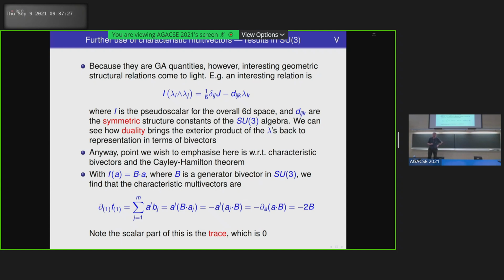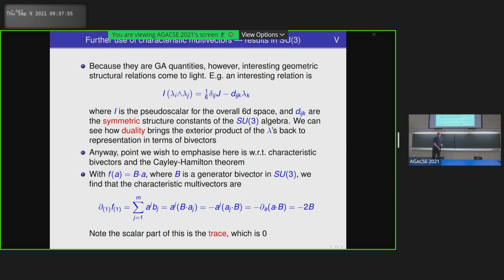And you can see how duality works here to bring the exterior product of the lambdas back to a representation in terms of bivectors. Okay, so what I want to talk about now is the characteristic multivectors and the Cayley-Hamilton theorem for this case. With f of a equals b dot a, where b is a generator bivector in SU3, we can now work out explicitly what the characteristic multivectors are.